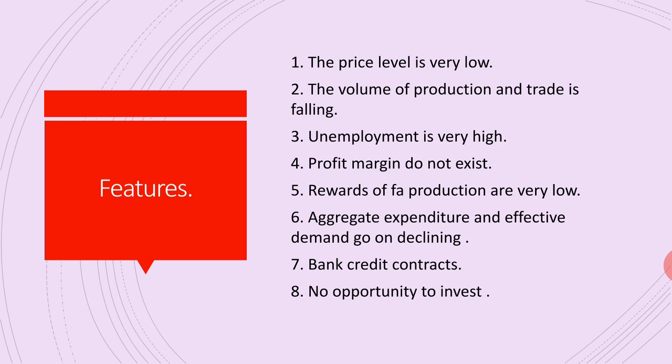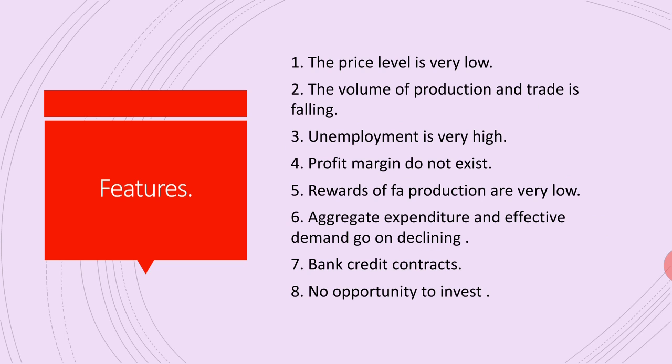When there is no profit margin, rewards of the factors of production are very less. The income of the entrepreneur class is less, meaning they are not ready to pay a high rate of rewards. For example, for land we pay rent, for labor wages, for capital interest, and for organization profit.